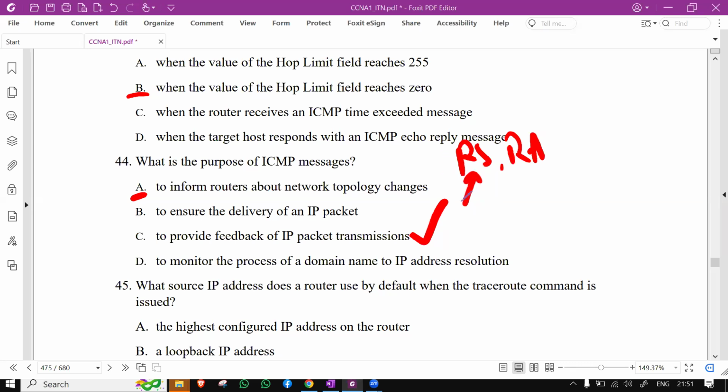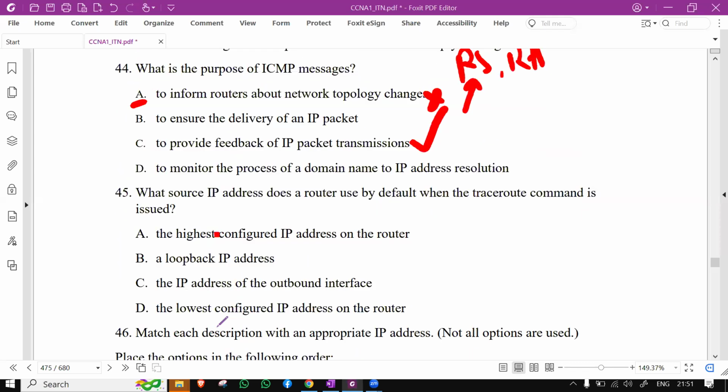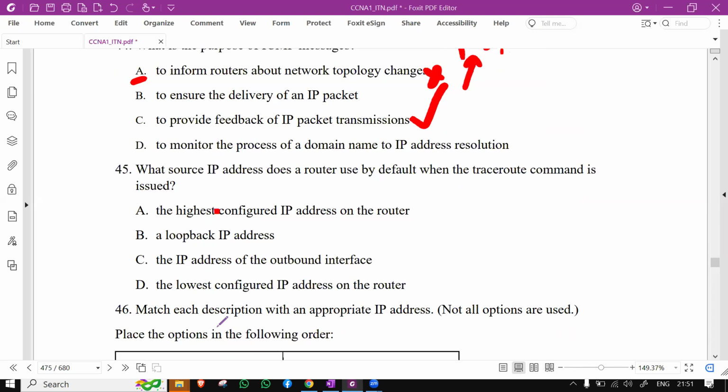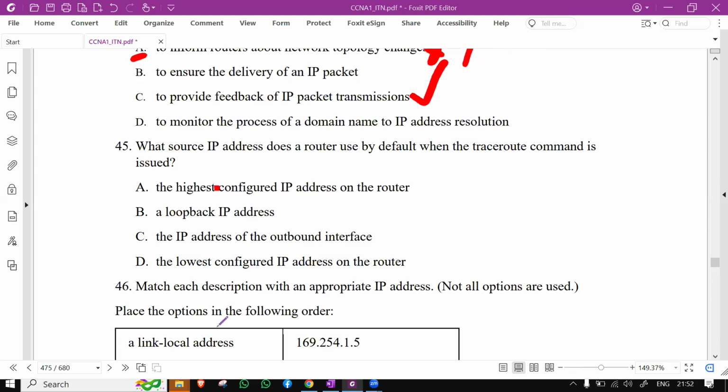Therefore, RS informs the router of a topology change because there is an additional device. Okay, this one is not the answer. Well, 45. So 44 we take C. Makes sense though.